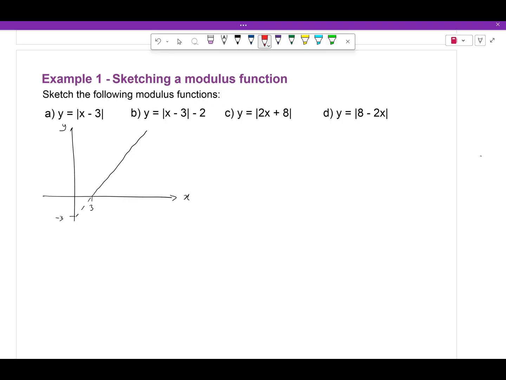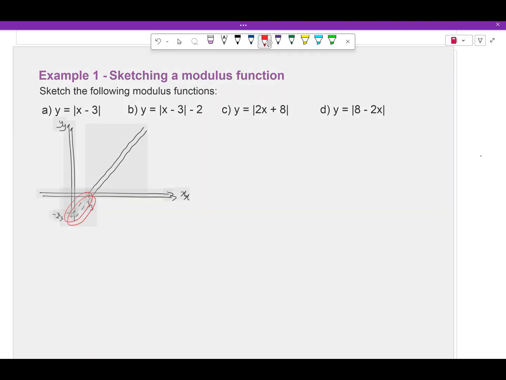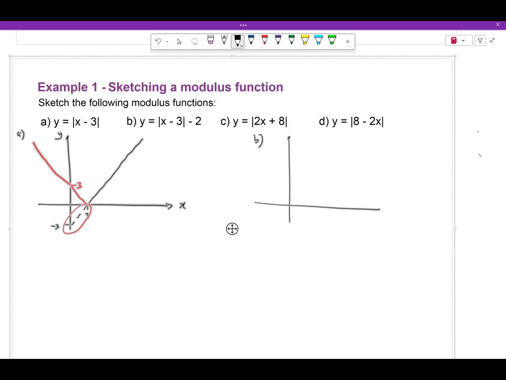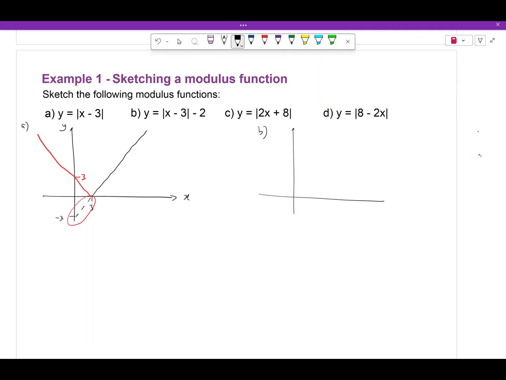Now I know that this part is all negative, so to draw the modulus of it, we draw its positive version. If you're more confident, you can go directly to question B and draw it straight out, but it's up to you. As long as you have all the intercepts, remember intercepts are the turning points, also your crossing of the axes.